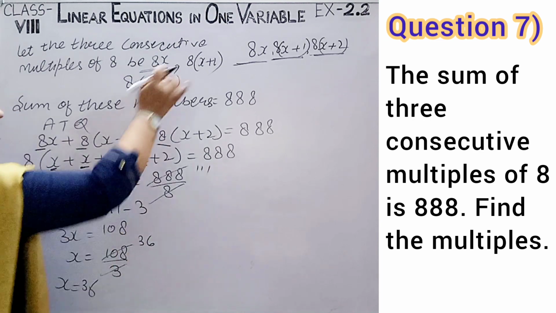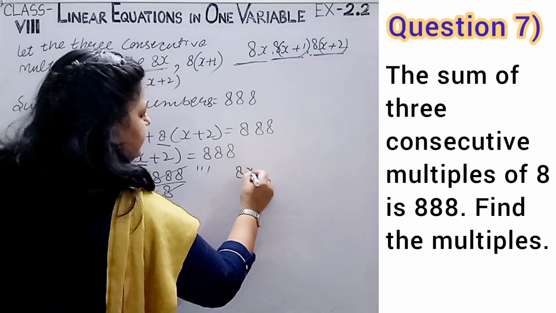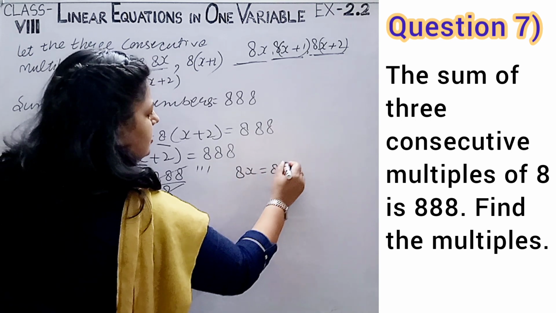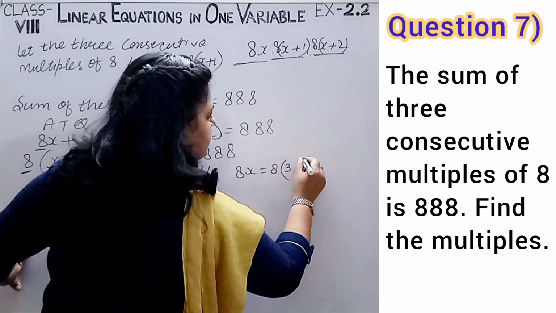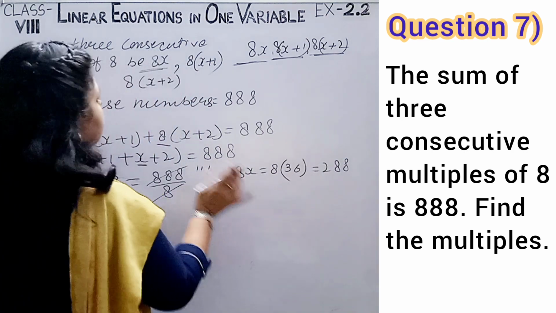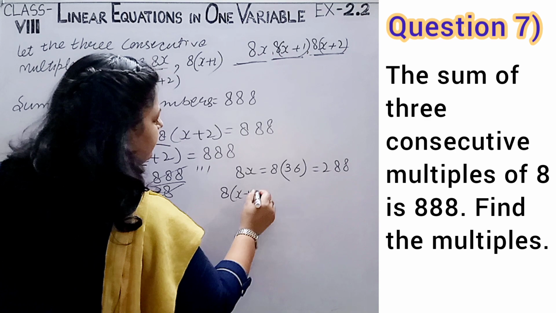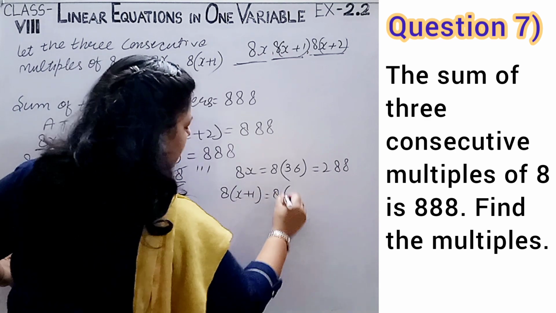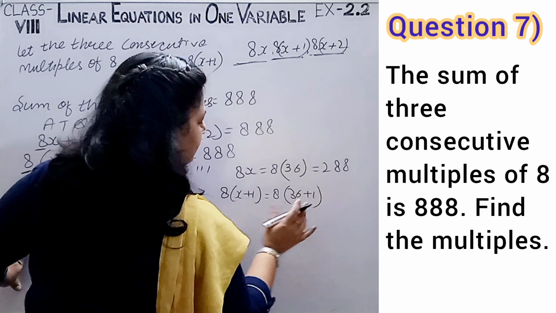Now coming back to our question. First multiple of 8 is 8x, where the value of x is 36. After multiplying, we get 288. Second multiple was 8 times x plus 1, the value of x is 36 plus 1.